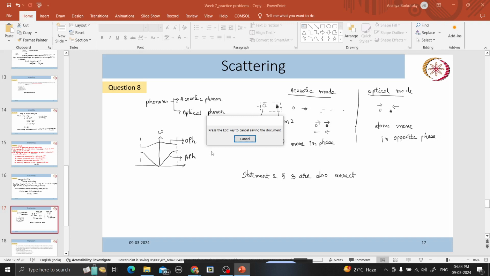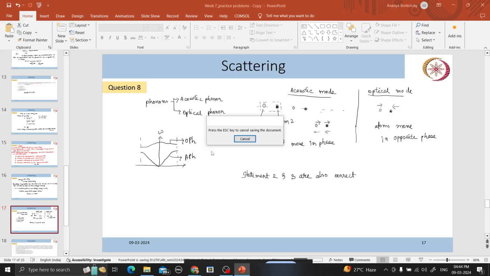Let's go to the next question. This is again on transport. If Vk is the velocity of a carrier in the state k, that is in momentum space, then in the time interval t the electron moves the distance t times Vk.